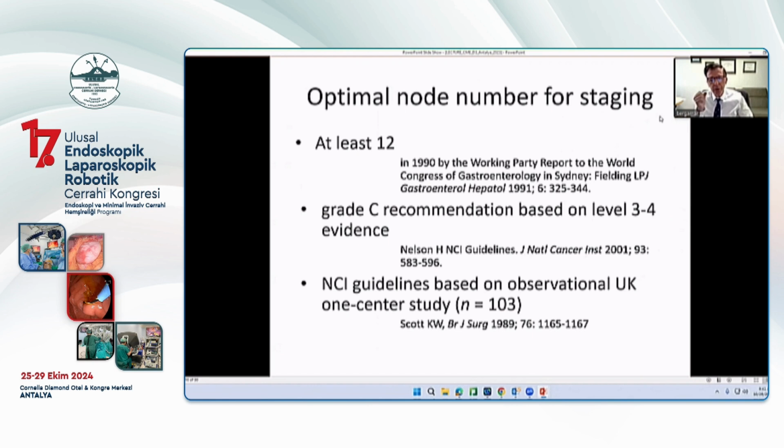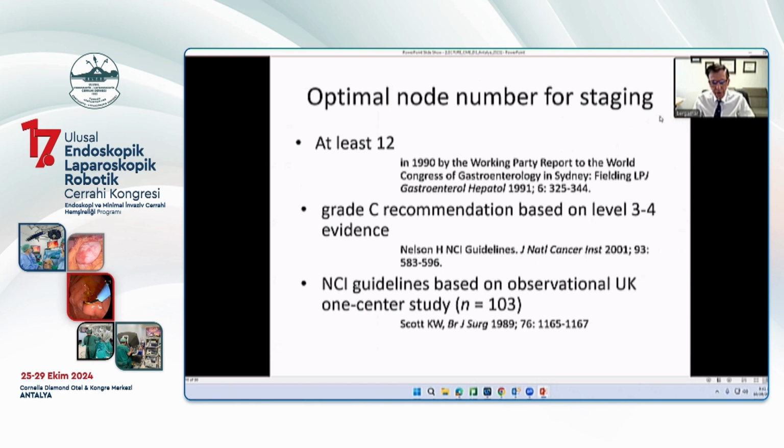Another question is what is the number of lymph nodes? This has been going on for a long time. They were claiming that it has to be 12. There are recommendations that are essentially grade C, meaning not grade A or B, because there are no randomized control trials.